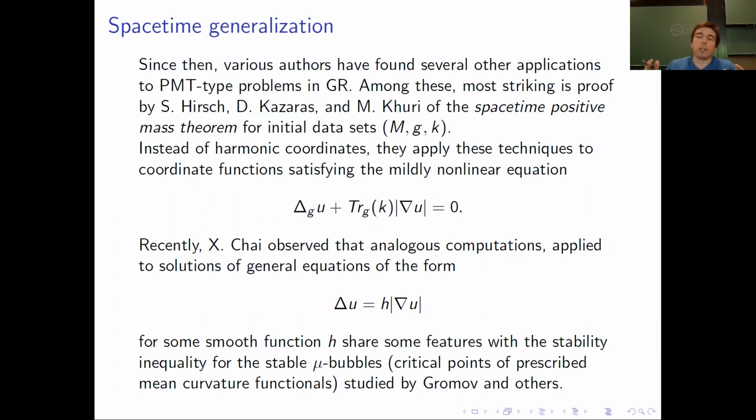So stable mu bubbles being these stable critical points for 0th order perturbations of the area function, which have been exploited recently very successfully by Gromov and Jin Tianzhu and Chodosh and Li and various others.